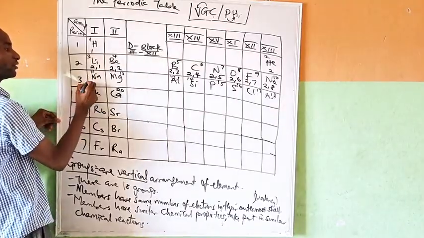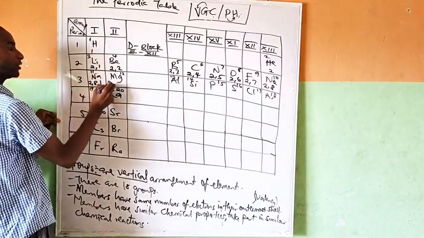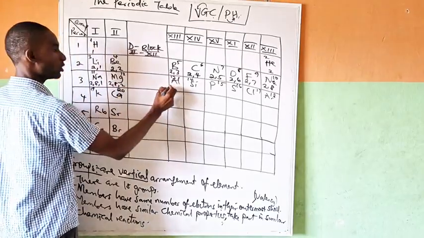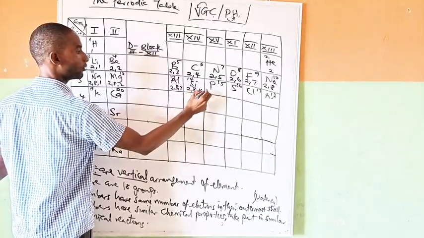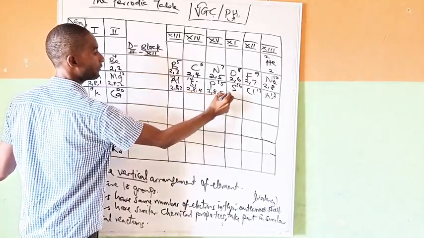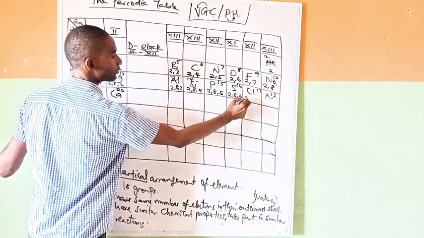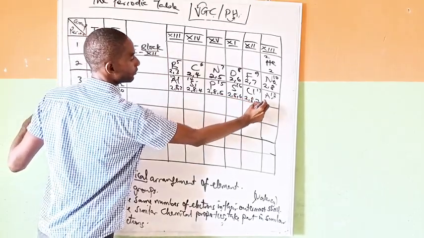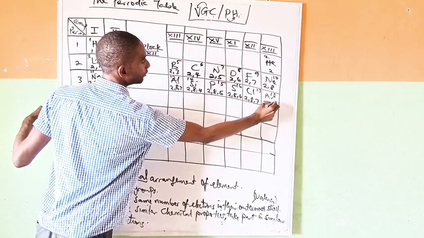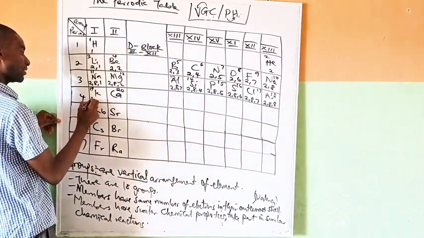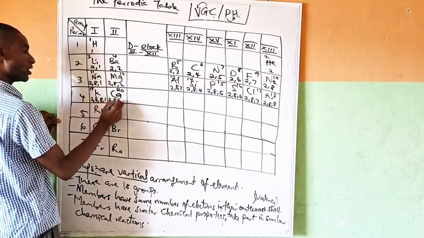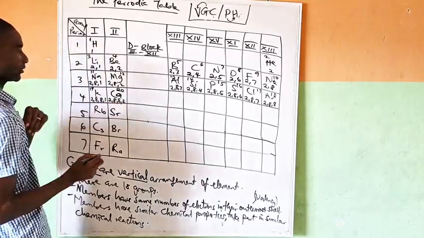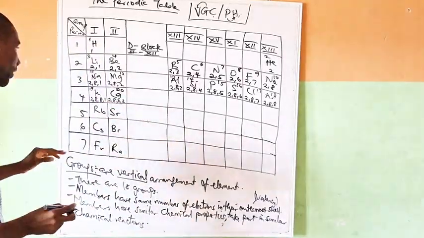Then instead of 11, this is 2,8,1, 2,8,2, 2,8,3, 2,8,4, 2,8,5, 2,8,6, 2,8,7, 2,8,8, and 2,8,8,1, 2,8,8,2. Let me stop at that point.